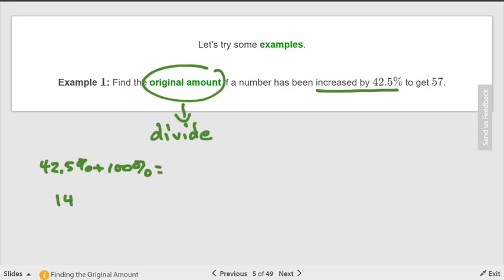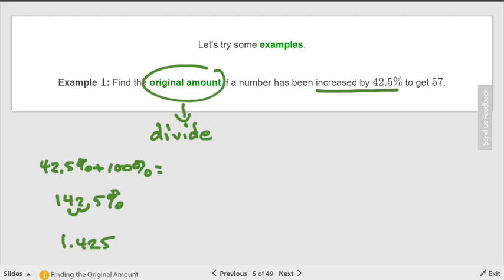So 142.5%, which we have to change to a decimal. Which gives us 1.425. It's a wackadoodle number.